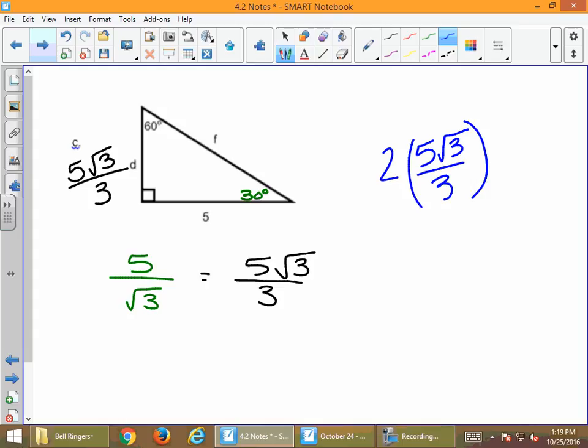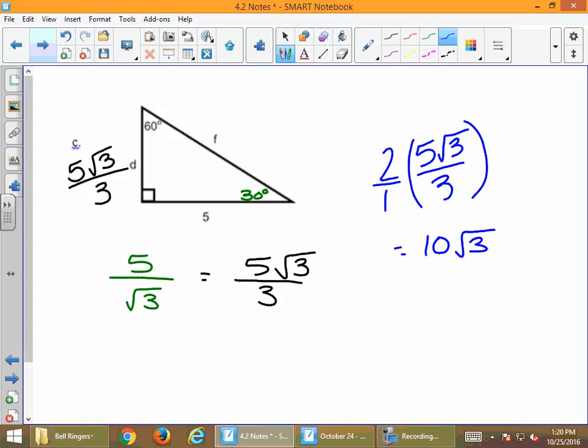Here's the thing, when you have a whole number, what's technically in the bottom? It's a fraction. It would be 2 over what? When you multiply fractions, you're just multiplying across. So you multiply the tops together. 2 times 5 is what? 10. You can't multiply the 2 and the radical 3 because the 3 is trapped under there, so you literally just rewrite it.